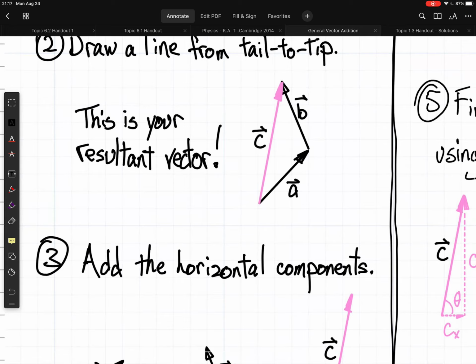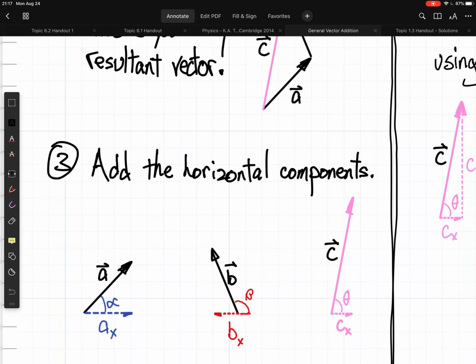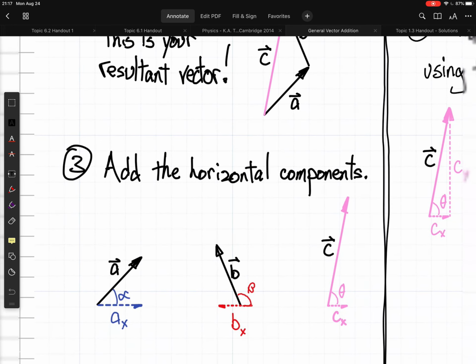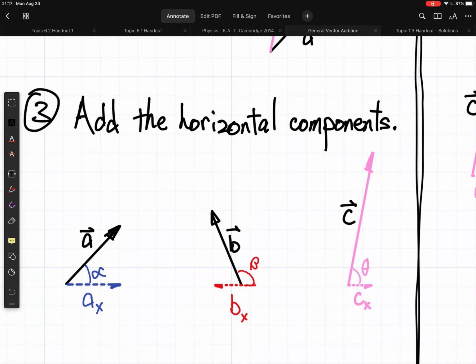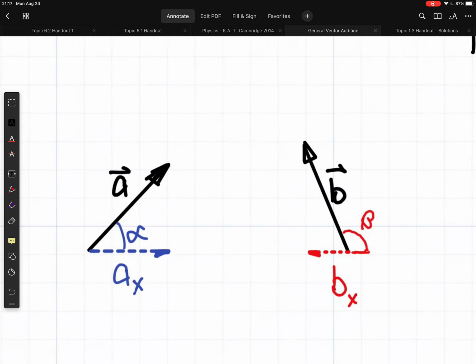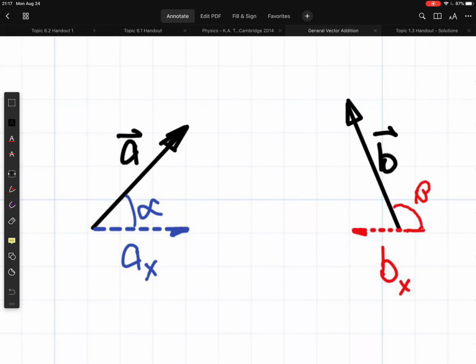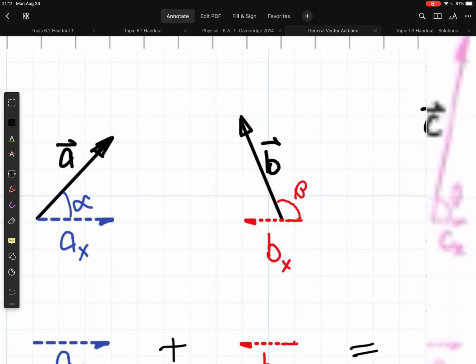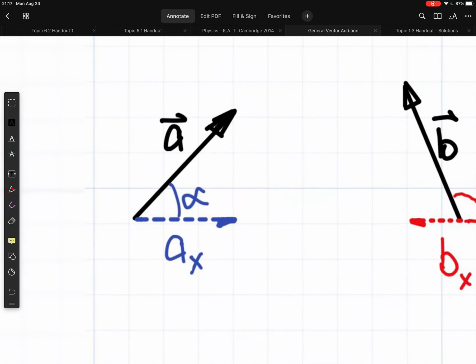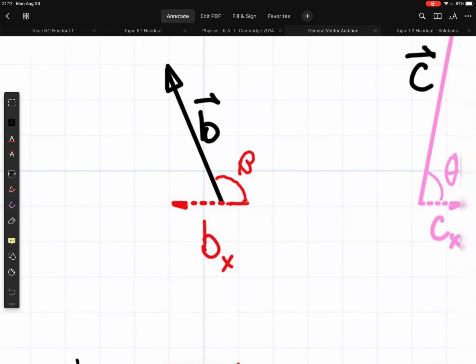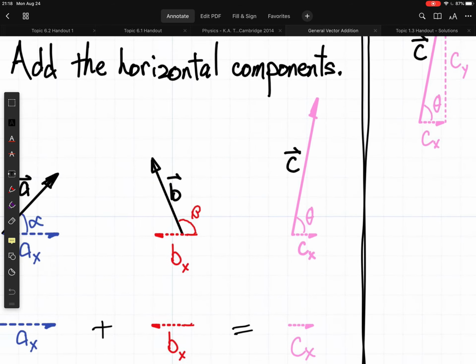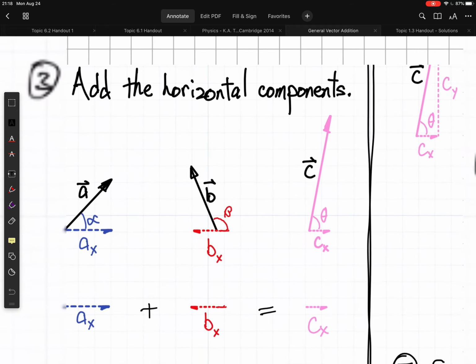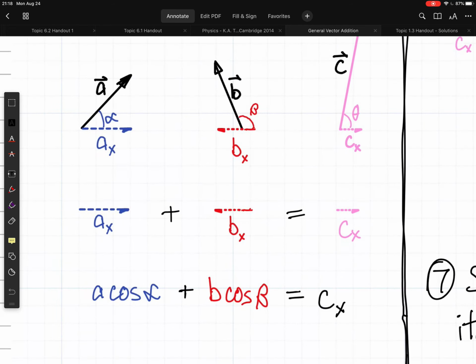In step three, we will add together our horizontal components, and that is how we will get the horizontal component of vector C. As you can see here, I have drawn the horizontal components of each of my vectors: the horizontal component of A, the horizontal component of B, and the horizontal component of C, shown graphically.